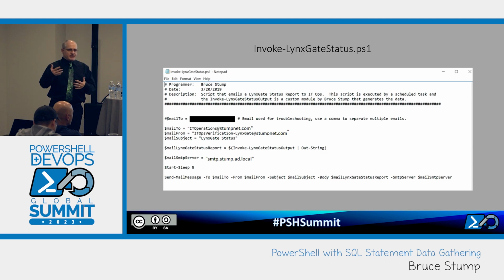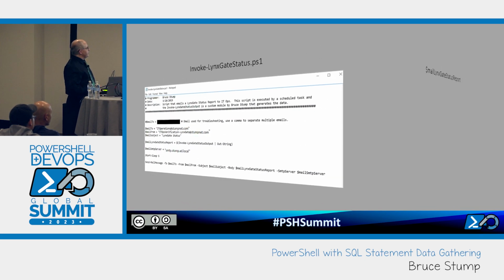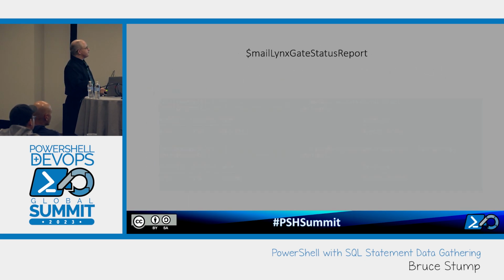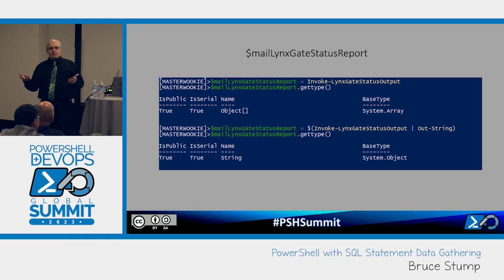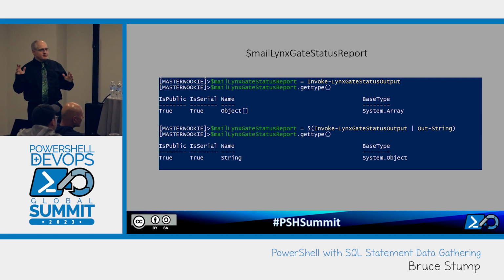I wanted the email to look really decent, so I just output to a string. And here's one example of that. I used a GetType function just to show you that when I first did it, it was an array. The email looked messed up, so I converted it to an Out-String, or to a string object. It looks a lot nicer. That's one thing I love about PowerShell: I'm constantly changing things from one object to another, and it makes it very simple to do that.